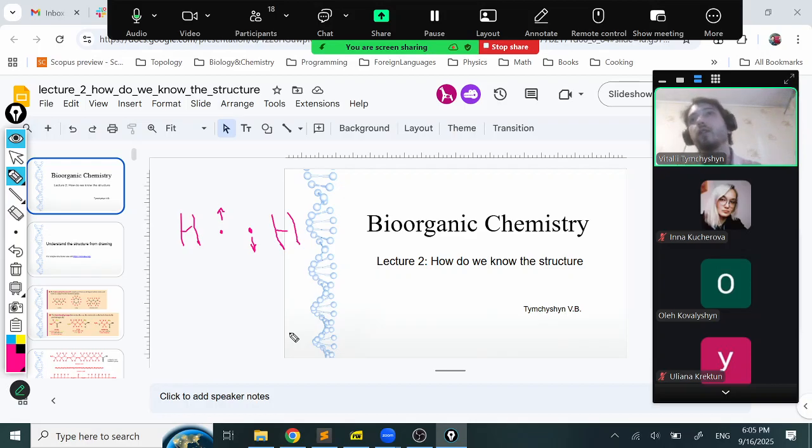Fermions do not like being in the same quantum state, and since spin is one of the quantum numbers describing this state, and all the rest, like energy and momentum, are the same, the last resort is making them spin up and spin down. This is the only way to connect two hydrogens. Okay, thank you. Otherwise, we will just have no bond between them.